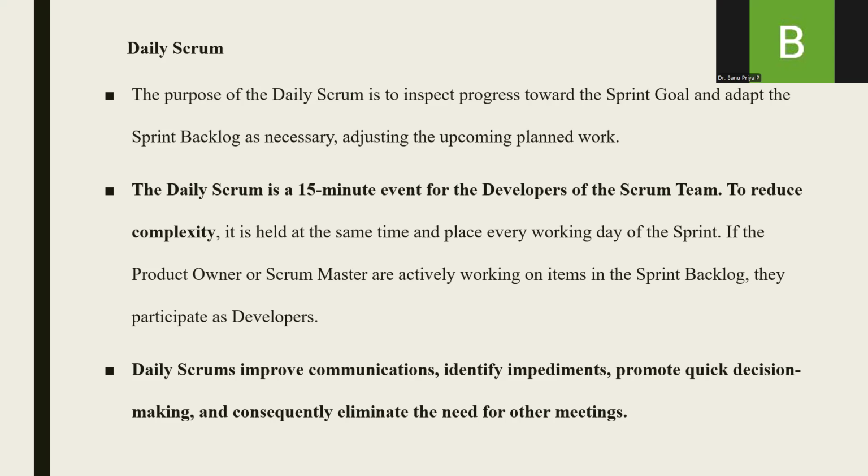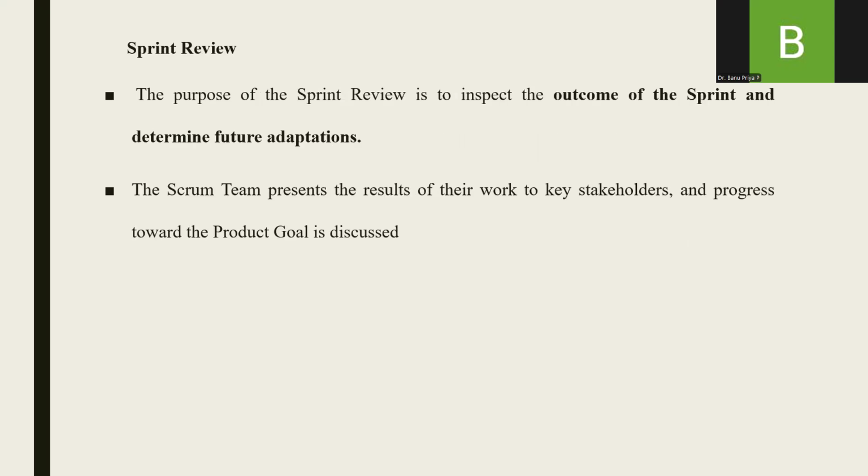This improves communication, reduces errors, and consequently eliminates issues, which promotes quick decision making. If the product owner or the Scrum Master are actively working on every sprint, then obviously a quick response will happen within the team.